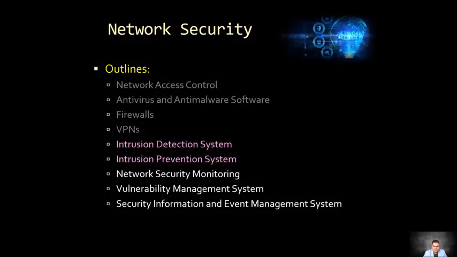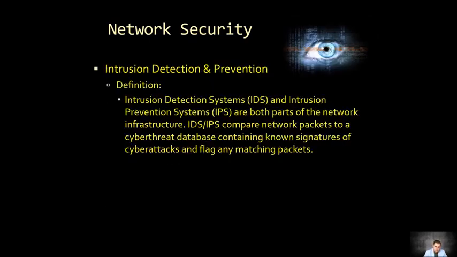In intrusion detection system and intrusion prevention system, we'll go through the concept and see what is the difference between them. This is what actually will matter for us for the data-driven cybersecurity. The previous devices that we discussed about, firewall, network access, and VPNs, can give you information about a log or what's happening.